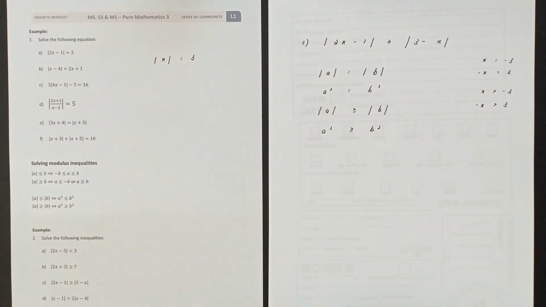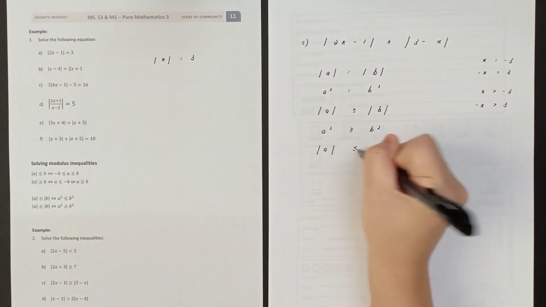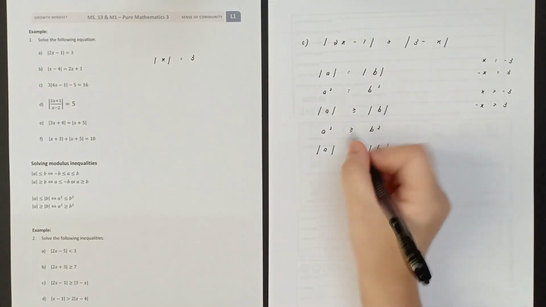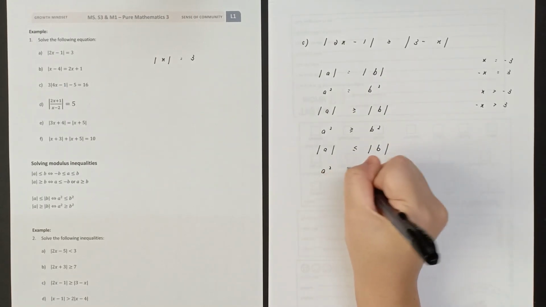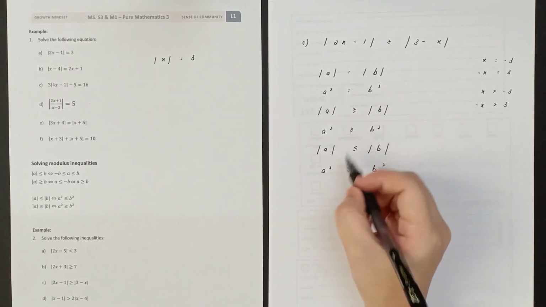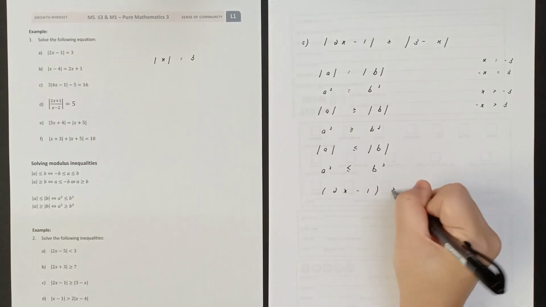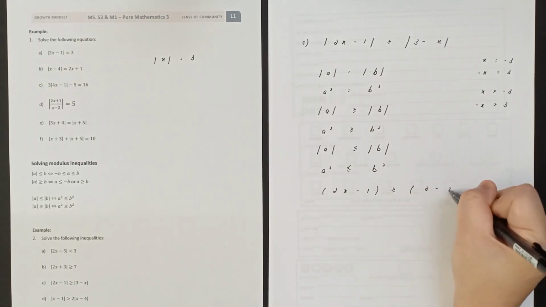But you cannot use the squaring method where you know that maybe you are going to get a negative answer. For this one you can. So for anything that has modulus on both sides, you can always do it like this. So it's very easy for number C. Basically you just square both sides without changing the sign.